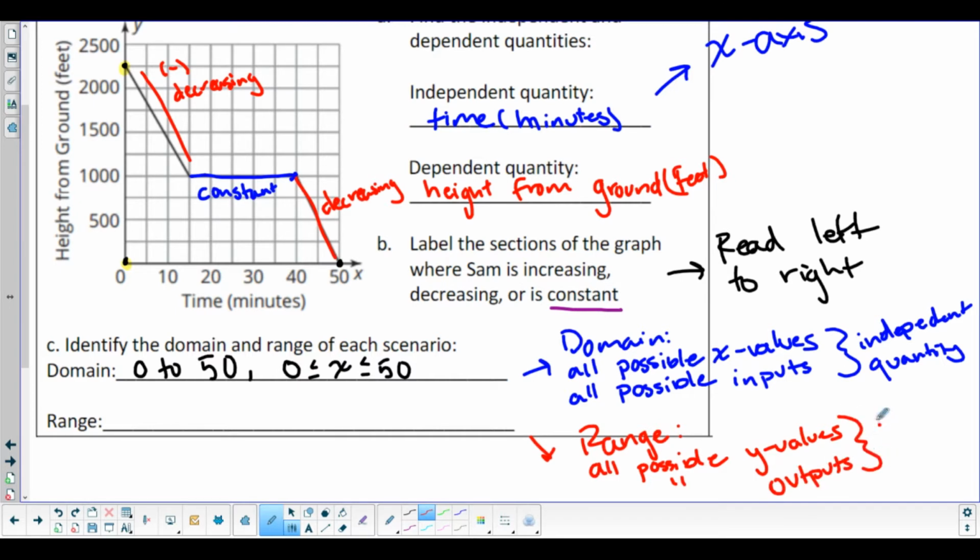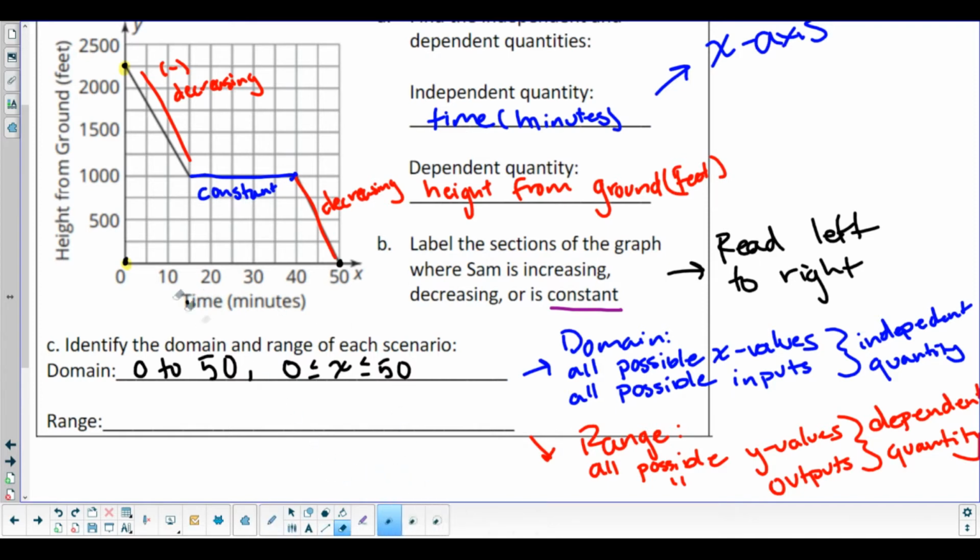Or it's where our dependent quantity exists. Dependent. D-E-N-T. Quantity. Anyway, we're going to look from the lowest point that our graph exists all the way to the highest point that our graph exists. Okay.